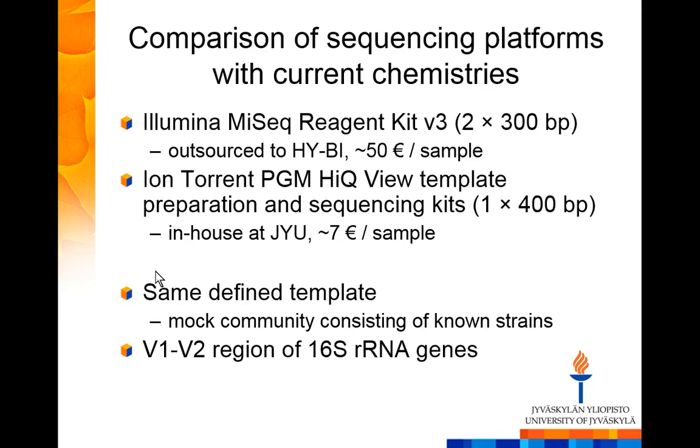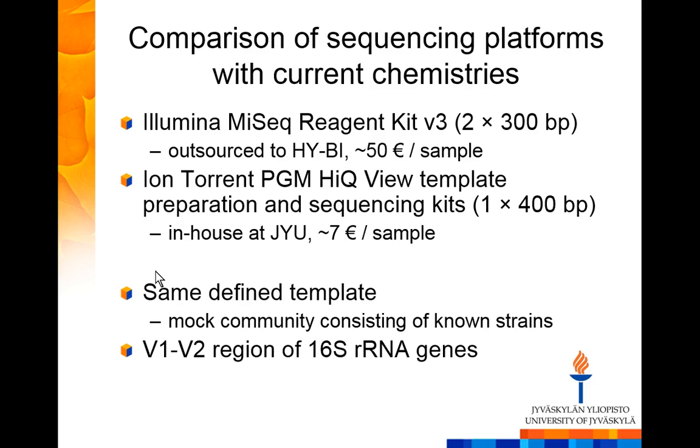I used the exact same defined template that had just known sequences. So it was this mock community consisting of genomic DNA from known strains. And our in-house protocol is for the variable regions 1 and 2, where you have a little bit over 300 base pair amplicon. So it should work very nicely with both chemistries.